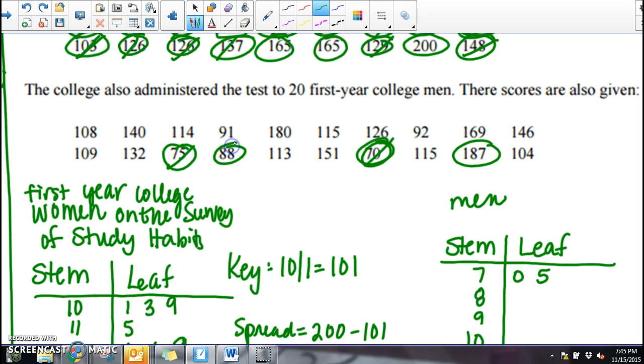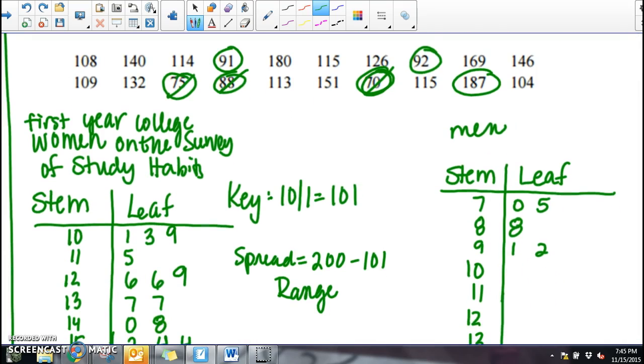In the 80s, we have 88. In the 90s, 91 and 92. In the 100s, 104, 108, and 109.